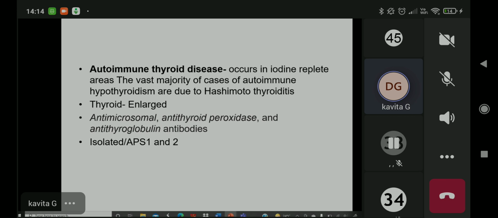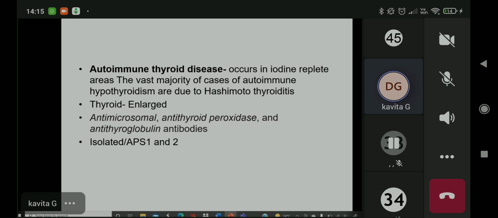There's autoimmune thyroid disease. This occurs in a subset of patients who have already taken enough iodine, but due to an immune-mediated attack on the thyroid itself, they have hypothyroidism.